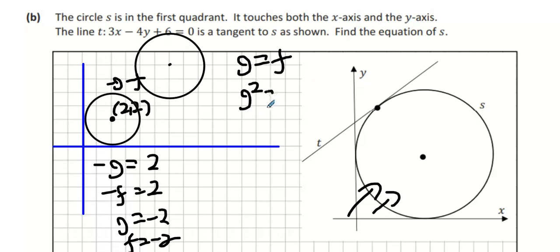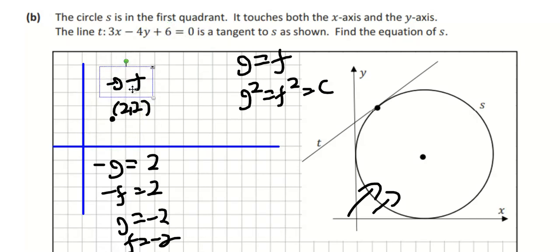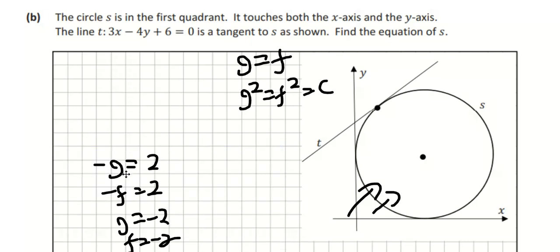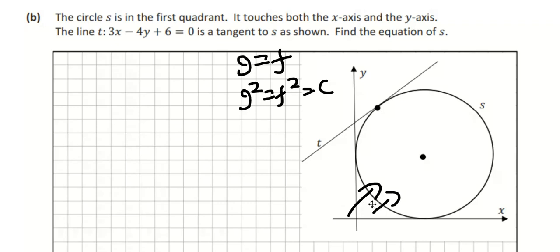And we know that g squared equals f squared equals c when both axes are tangents. Okay, so there's a lot of information you can garner from knowing that it's in the first quadrant. So you know that g equals f, and you know that g squared equals f squared equals c. So we've gotten a lot of information straight away.